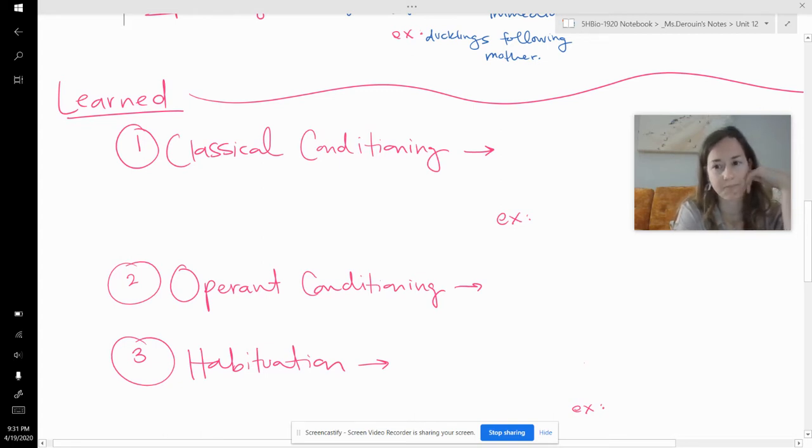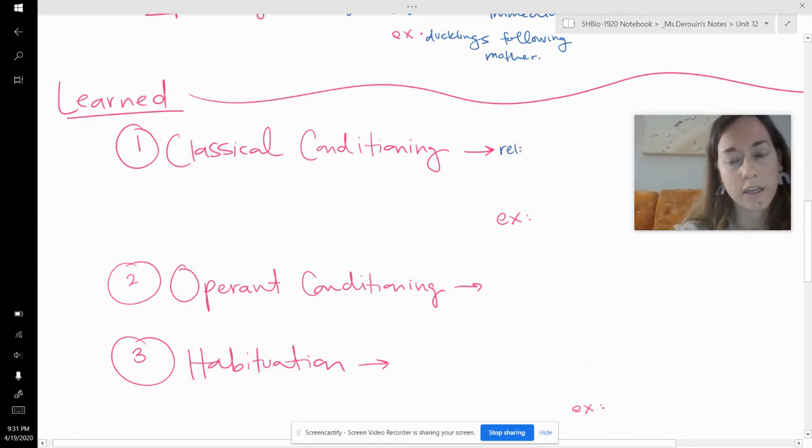The first one that I'm going to talk about is classical conditioning, which you might have heard of before. This is basically how, if you've ever trained a puppy or an animal to do something, you probably used classical conditioning. So this is relating an action to a reward slash consequence.